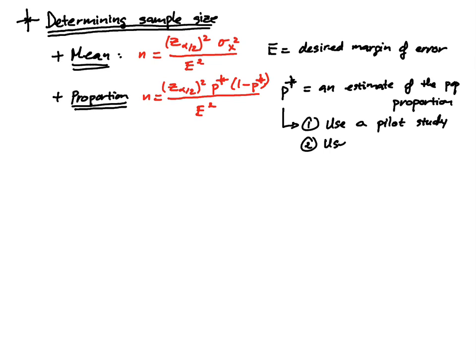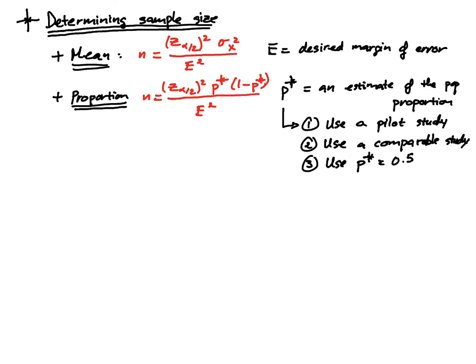The second way is to use a comparable study. And the third way, if neither of those methods works, is to use a value of 0.5 for p star.